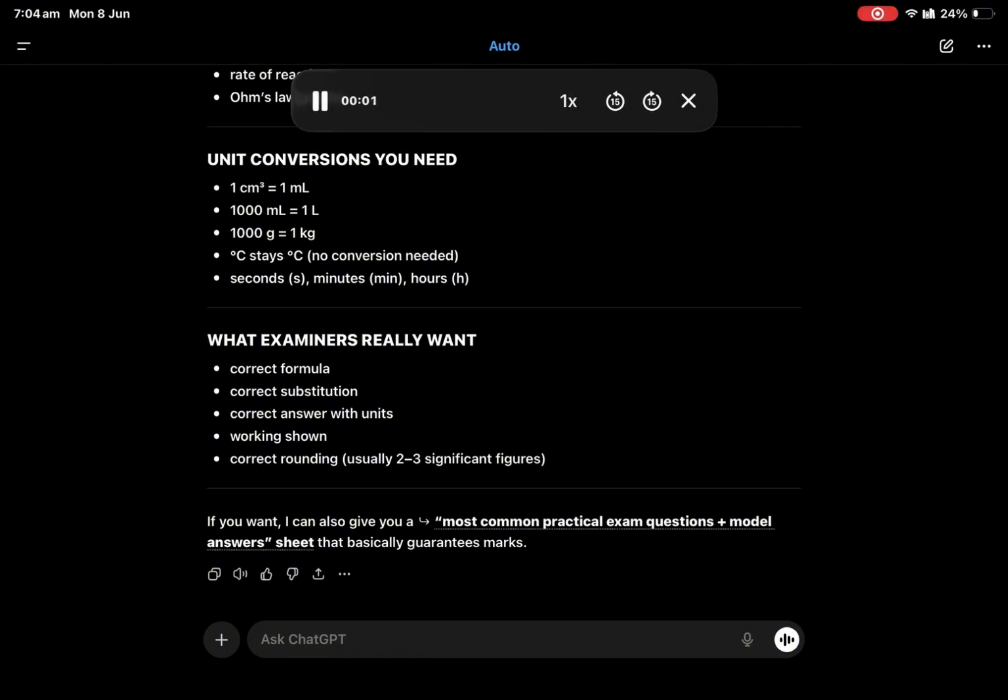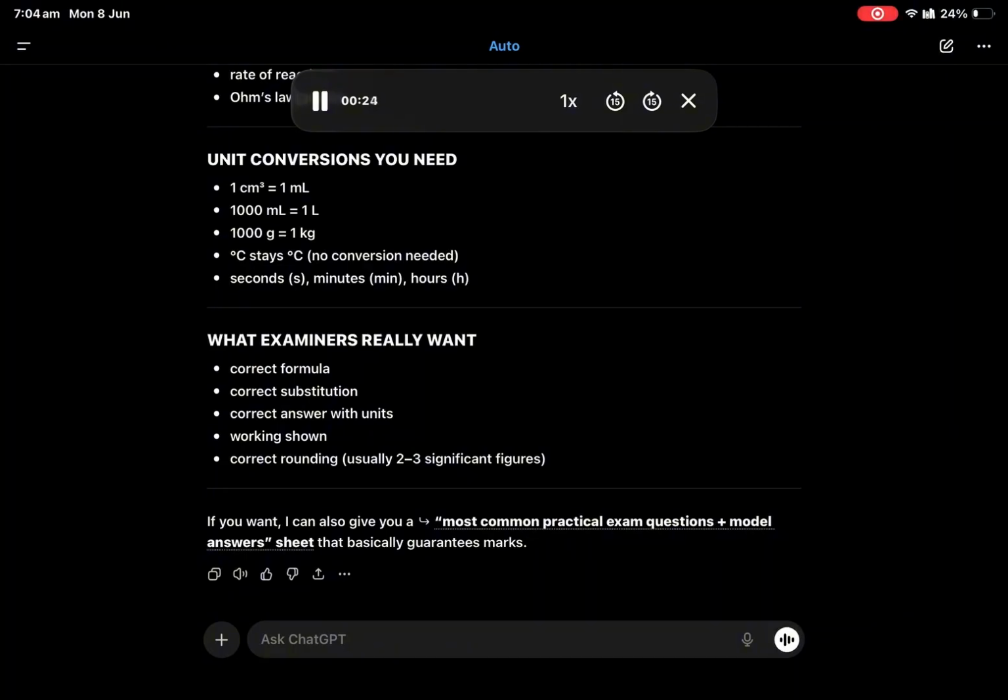Here's a CCEA Single Award Science Practical Maths cheat sheet, one-page style. This is what you actually need for practical papers. Core calculations: mean equals the sum of values divided by the number of values, used when repeating experiments. Percentage change equals change divided by original, times 100.